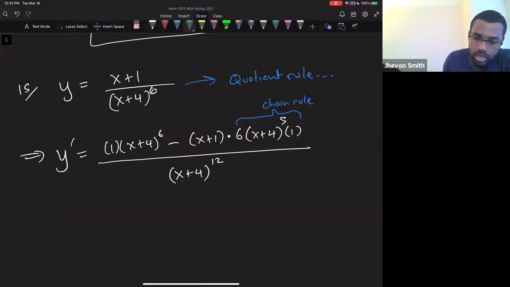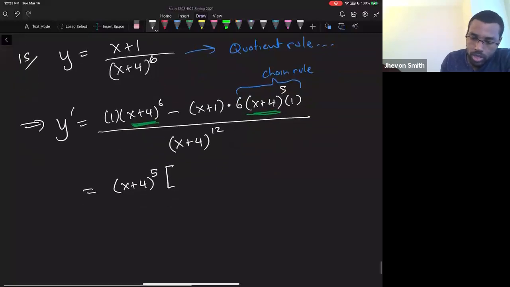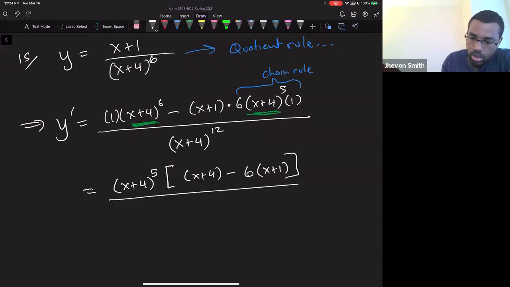You will notice that in the top, x plus 4 is a common term. So I would factor out x plus 4. We learned in algebra class, you always factor out the lowest power. So I would be left here with x plus 4 minus 6 times x plus 1, all over x plus 4 to the 12th.